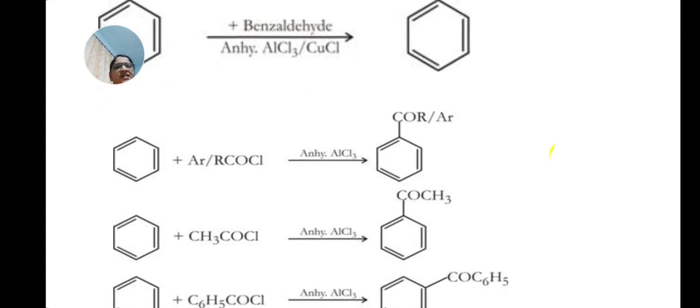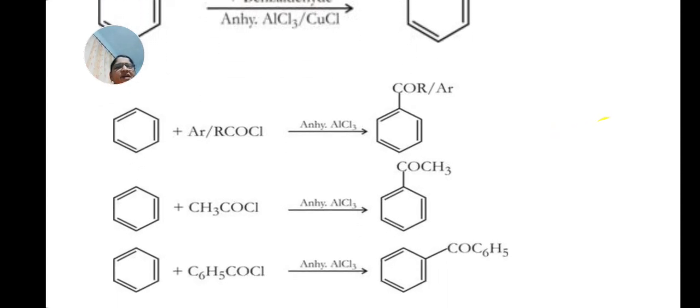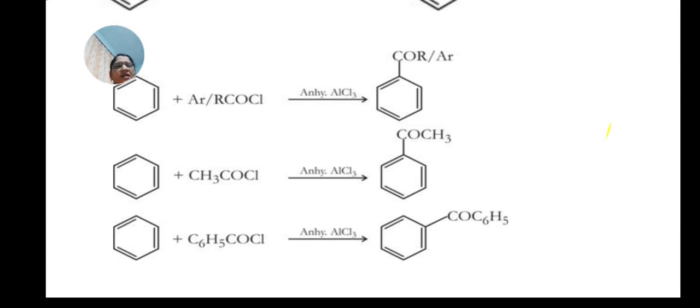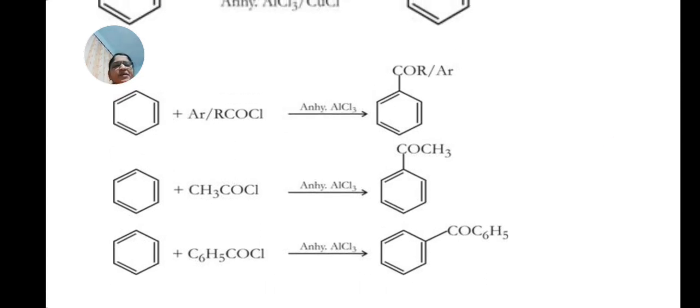Then again benzene, if it reacts with CH3COCl, acetyl chloride, gives acetophenone in presence of anhydrous aluminum chloride. And the last reaction: benzene reacts with benzoyl chloride, C6H5COCl, again in presence of anhydrous aluminum chloride, and gives benzophenone.